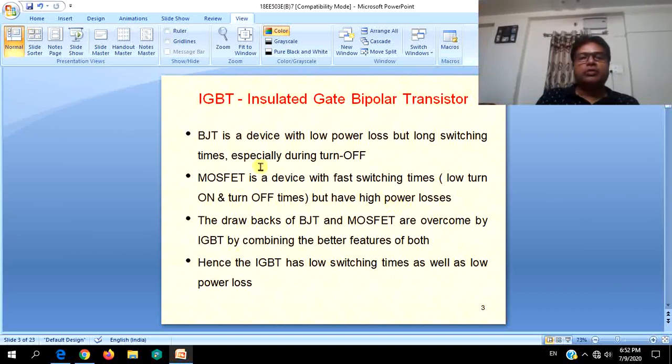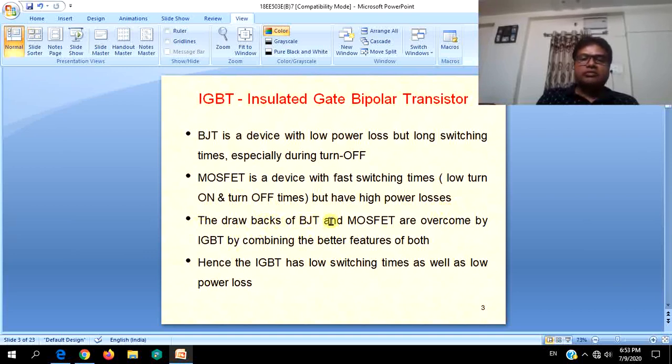BJT is a device with low power loss but long switching times, especially during turn off. Its turn on time is also more, and turn off time is again more than the turn on time. MOSFET is a device with fast switching times, with low turn on and turn off times, but it has high power losses. In case of BJT, power loss is less, but in case of MOSFET, power losses are more.